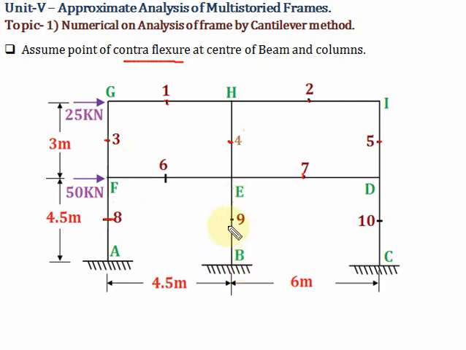For column BE, 9, and for CD, 10 is the point of contraflexure. We call these nodes also. So here we have considered different points at the center of beams and columns as points of contraflexure, and we have named those points.